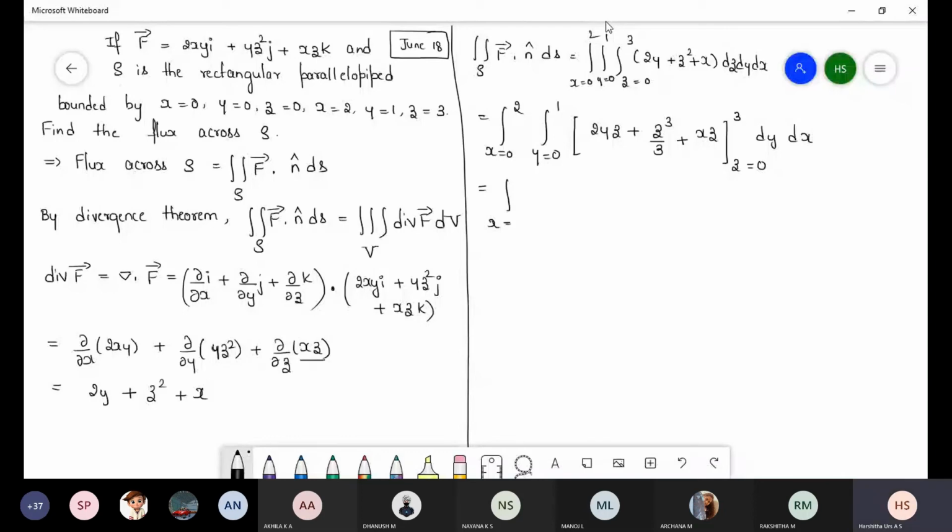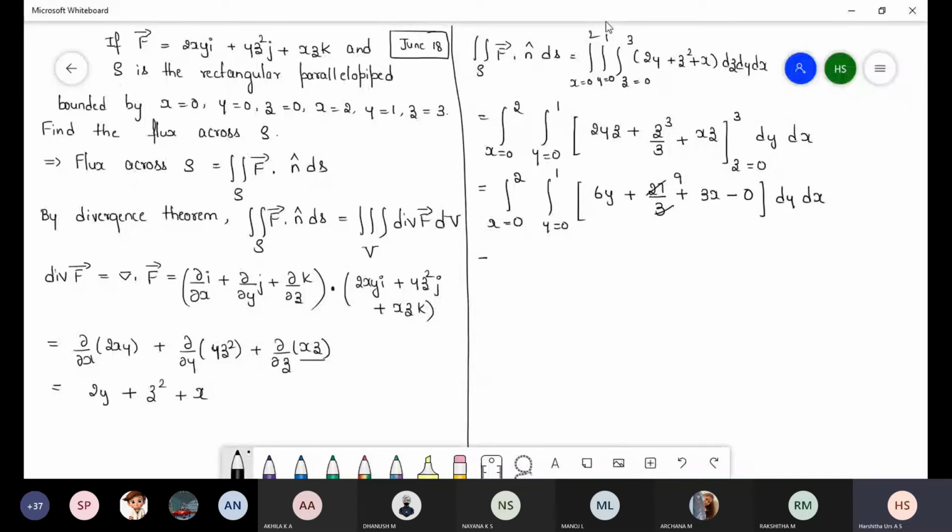Give the upper limit substitution in the place of z. So 3 2s are 6, 6y plus 27, that is 3 cube divided by 3, plus 3x, lower limit 0, dy dx. 3 1s are 3, 9s are 9.